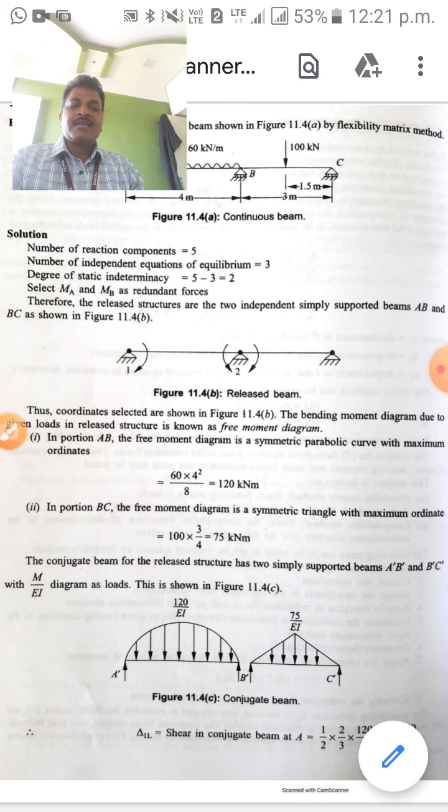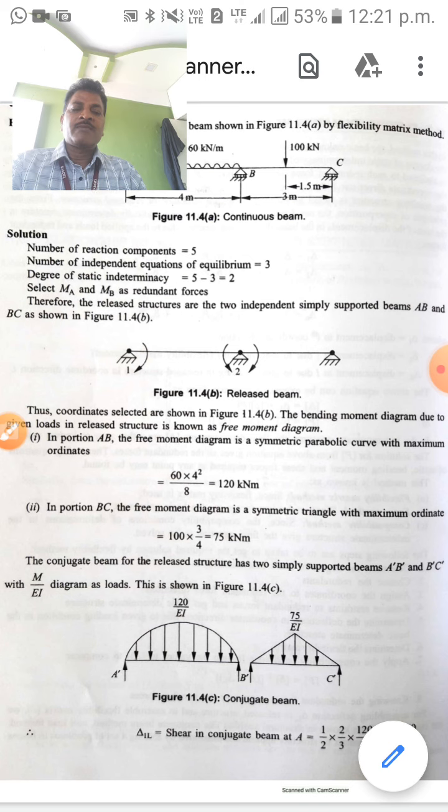So the conjugate beam is a simply supported beam. Therefore the displacement delta 11 is the area of the bending moment diagram, 2/3 into 1/2 into 1 upon EI into 4, equal to 4 by 3EI. Similarly delta 21 is 1/3 into 1/2 into 1 upon EI into 4, equal to 2 by 3EI.